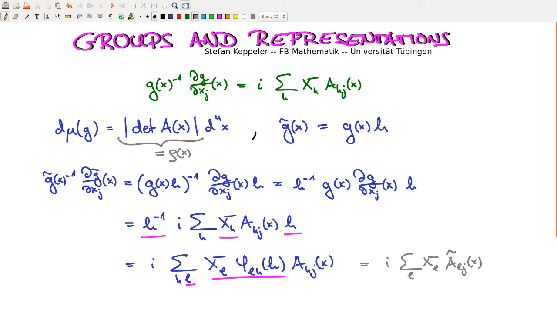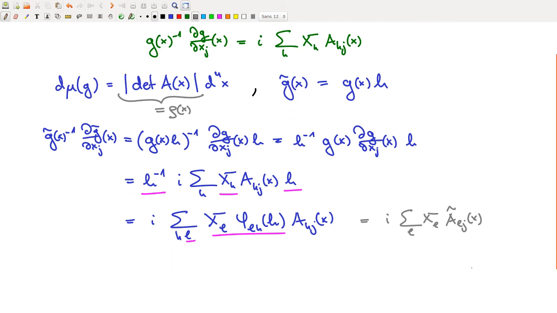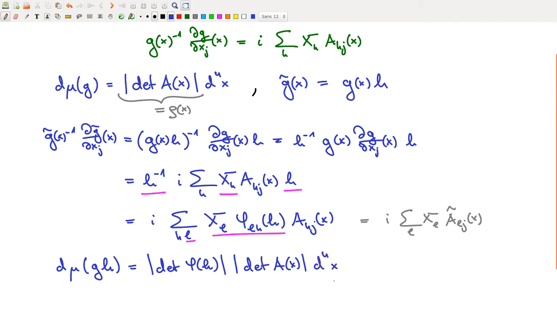So this a tilde is now the product of this matrix phi and the matrix A. We now get d mu of gh is determinant of this matrix phi times the determinant of A, dnx, because that's our determinant of A tilde.